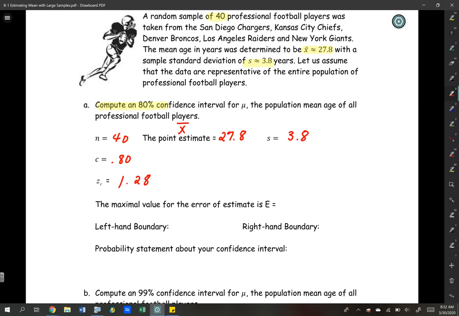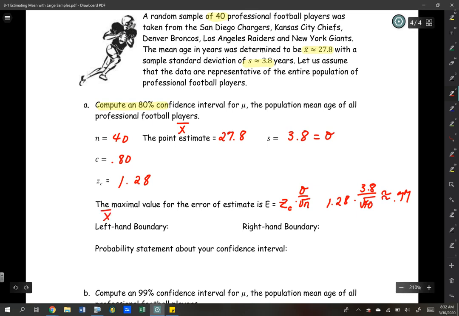And then we calculate E, z sub c times the standard deviation over root n. And this s, we're letting that equal our standard deviation for the population. So z sub c is 1.28 times 3.8 over root 40, and we're going to get approximately 0.77.